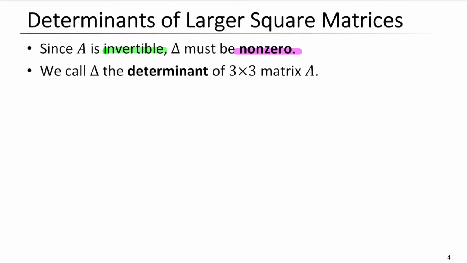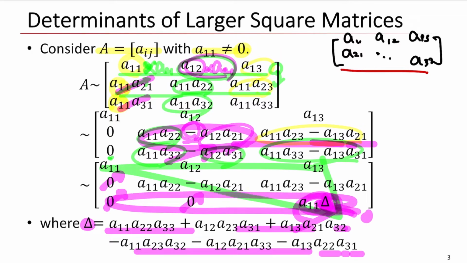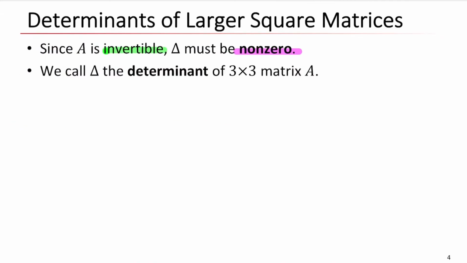In other words, if this triangle is zero, then this row is all zero, so the matrix A is not invertible. So this triangle must be non-zero. In this case, we call this triangle the determinant of the 3x3 matrix A.